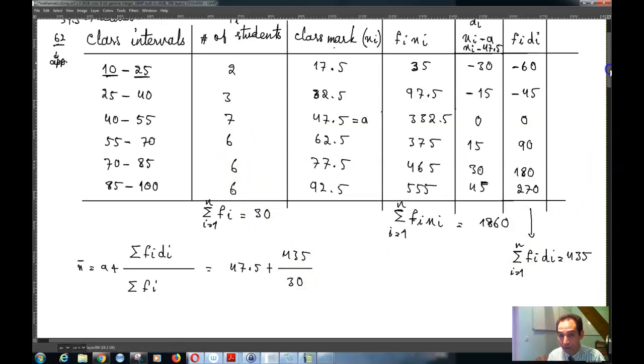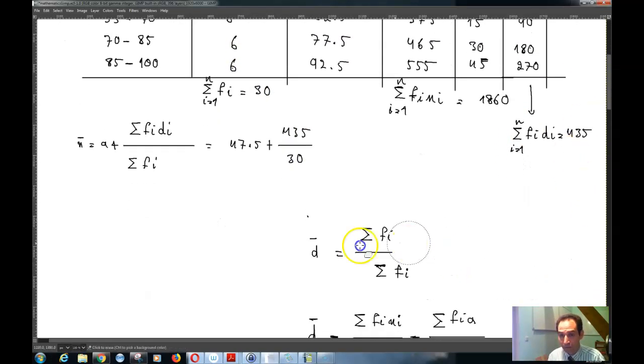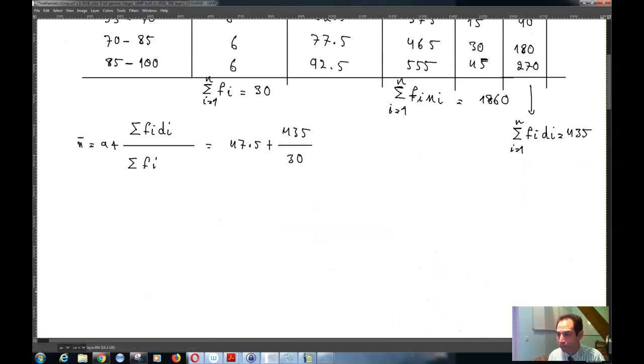And if you calculate this, 435 divided by 30, let me use a calculator. 435 divided by 30 is equal to 14.5, and 14.5 plus 47.5 is equal to 62.